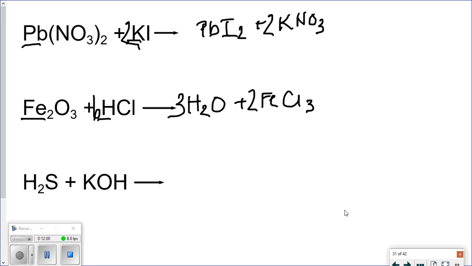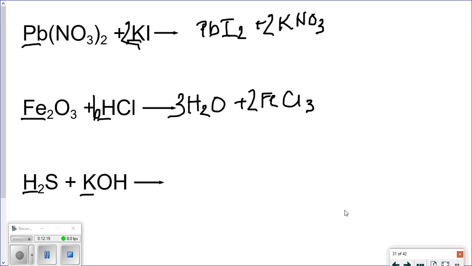Let's look at our last example. We have hydrosulfuric acid and potassium hydroxide. Remember, this is one of those acid-base double replacement reactions, so it should always produce water and some form of salt. So hydrogen and potassium are switching places.